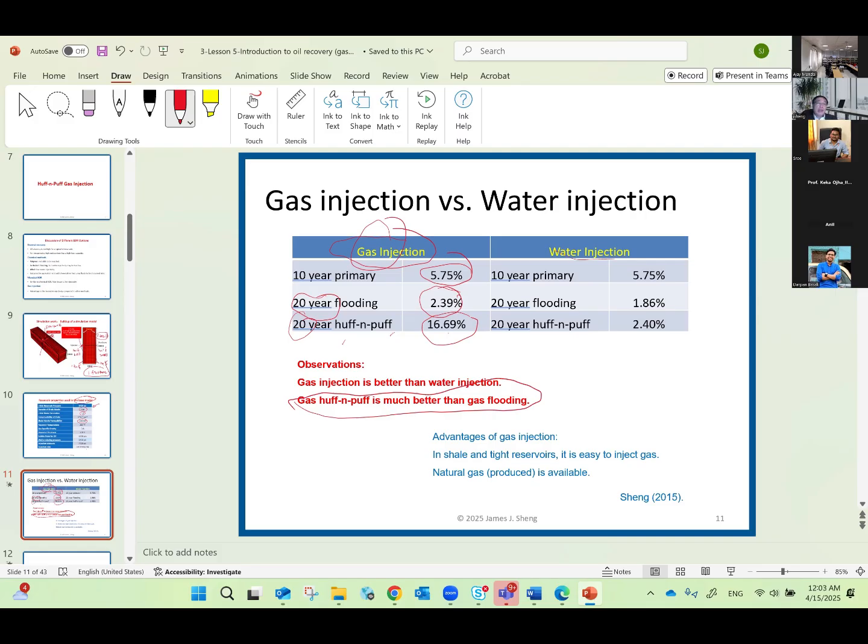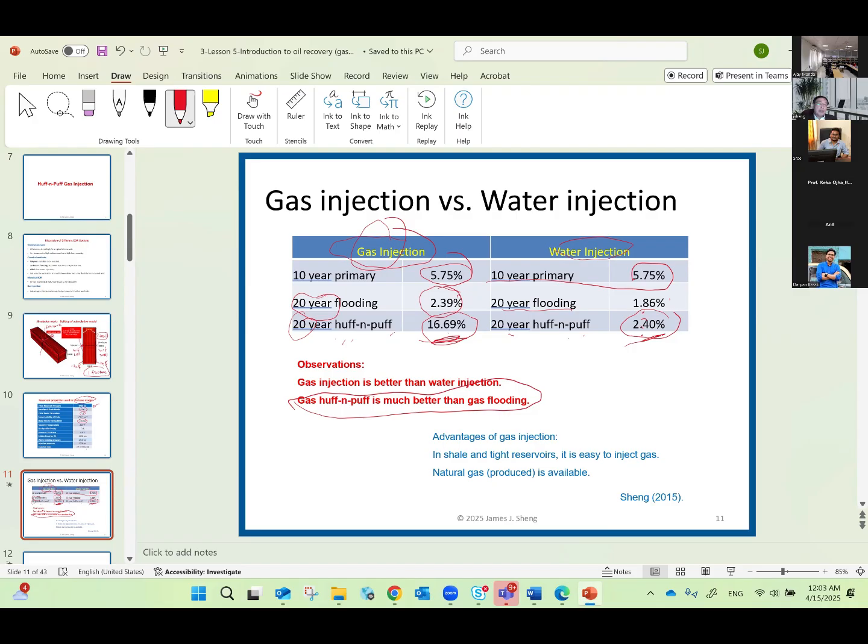Let's look at our water production. Similarly, primary is about 5.75, same as the gas modeling. And here, 20 years water flooding is 1.86. 20-year Huff-n-Puff is 2.4. Okay. So first, what do you say? Huff-n-Puff water injection is still better than water flooding. But compared to the same method with different fluid, gas recovery is much higher than water.